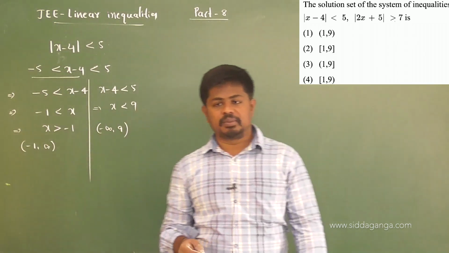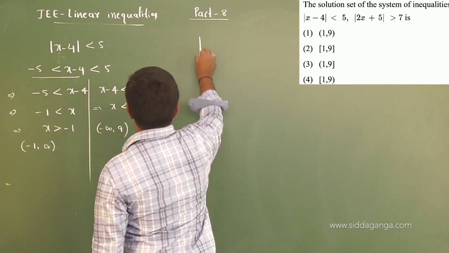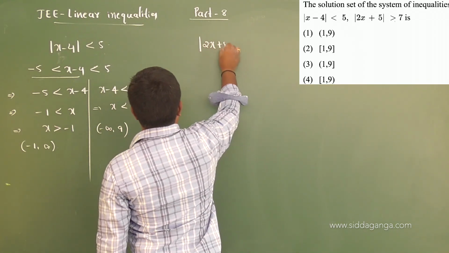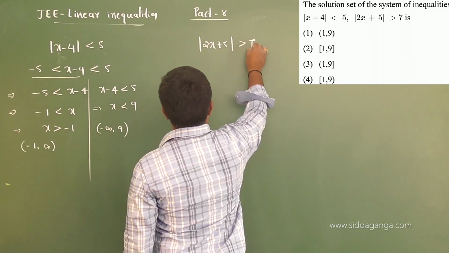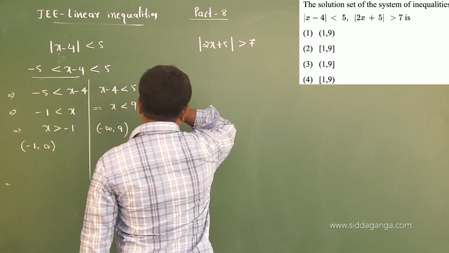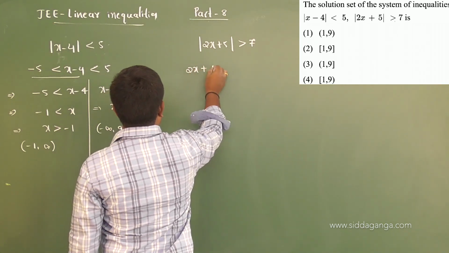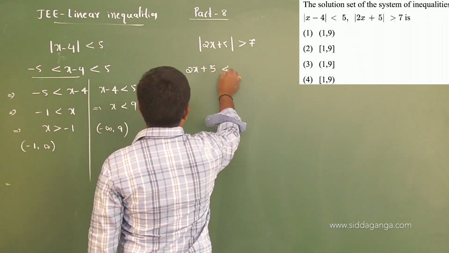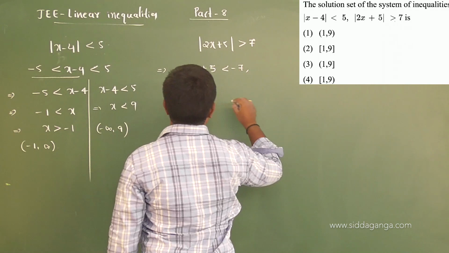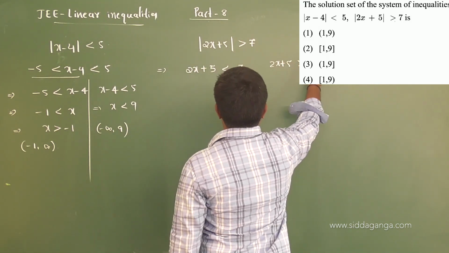Let me move to the second case. Modulus of 2x plus 5 is greater than 7. So I can read this as 2x plus 5 either less than minus 7 or 2x plus 5 greater than plus 7.